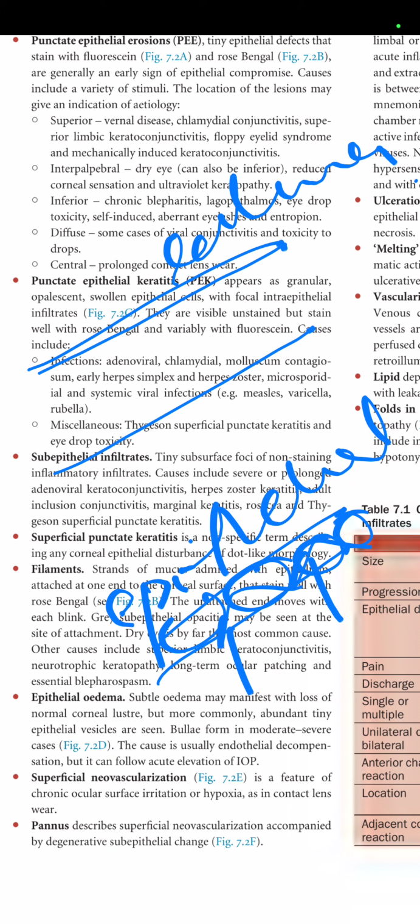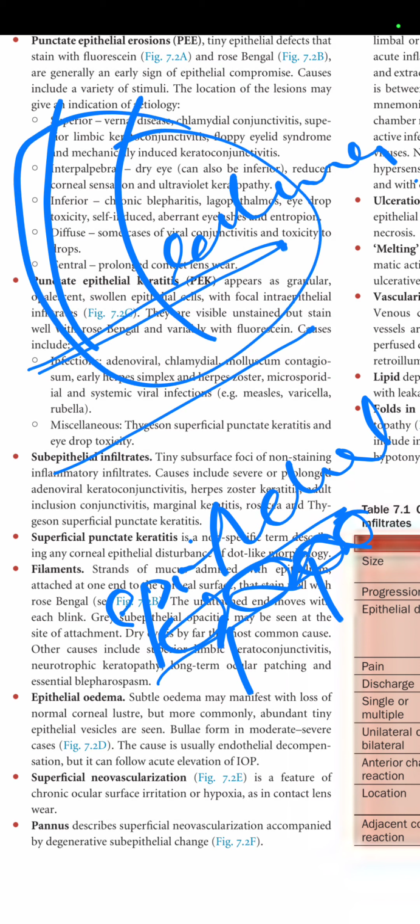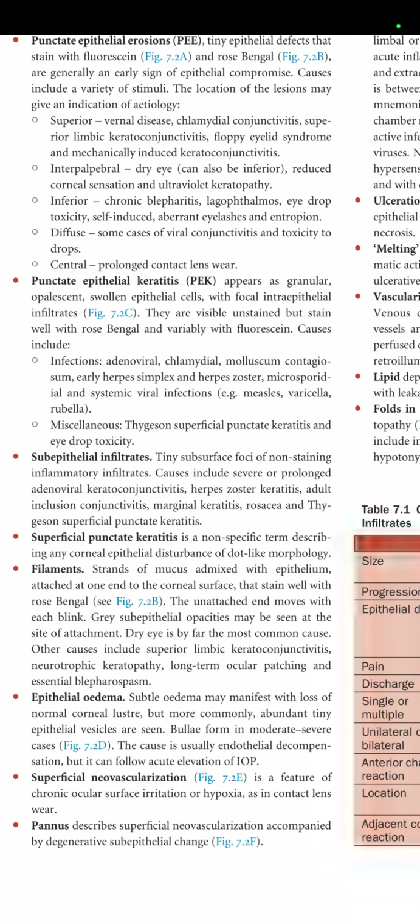So small edema, how can you see? Basically in the slit lamp exam, when you see the small corneal edema, you can see very tiny vesicles on the cornea. Whereas in case of very large edema of the epithelium, you can see well formed bullae.